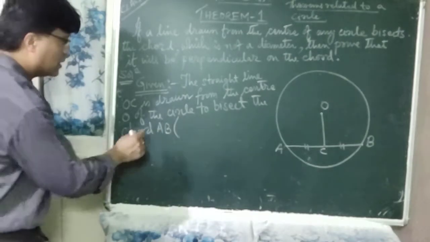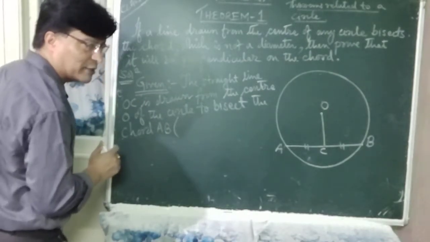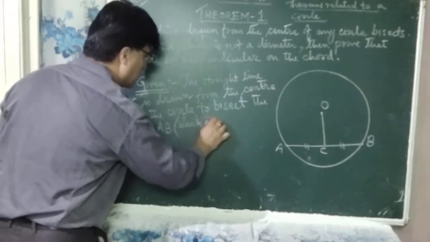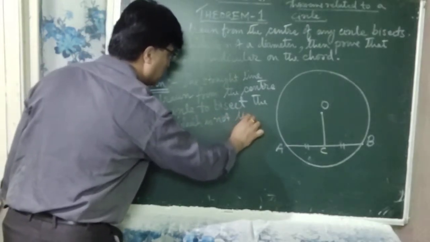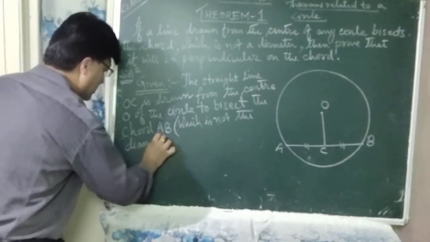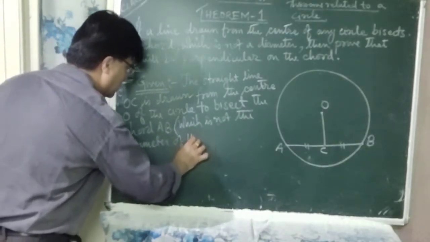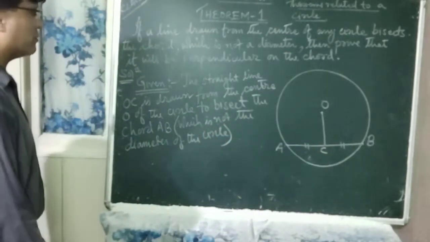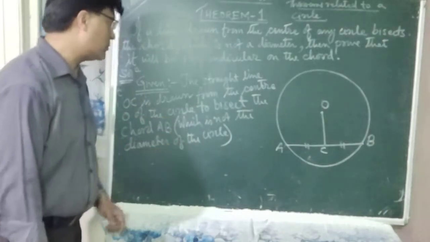Within bracket you write, this AB is not the diameter of the circle, which is not the diameter of the circle. Okay, within bracket we have written which is not the diameter of the circle.